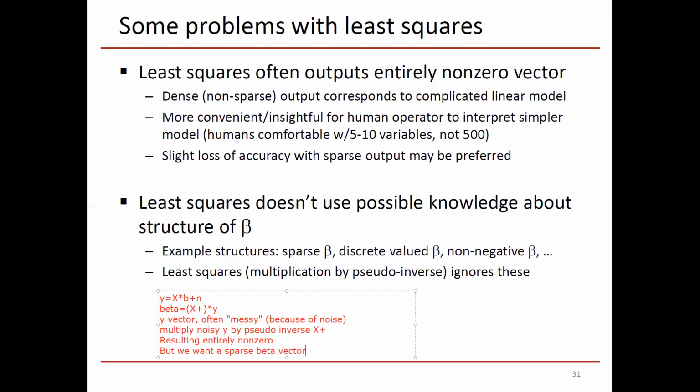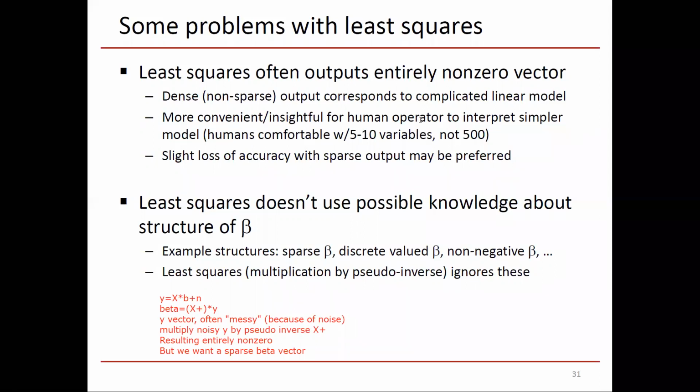All right. So why do we want it to be sparse? It's more convenient for the human operator in many applications to interpret a simpler model. So suppose you're a cardiologist and you have a person coming into the emergency room with some heart problem, or it seems it could be a heart problem. And you have hundreds of variables.